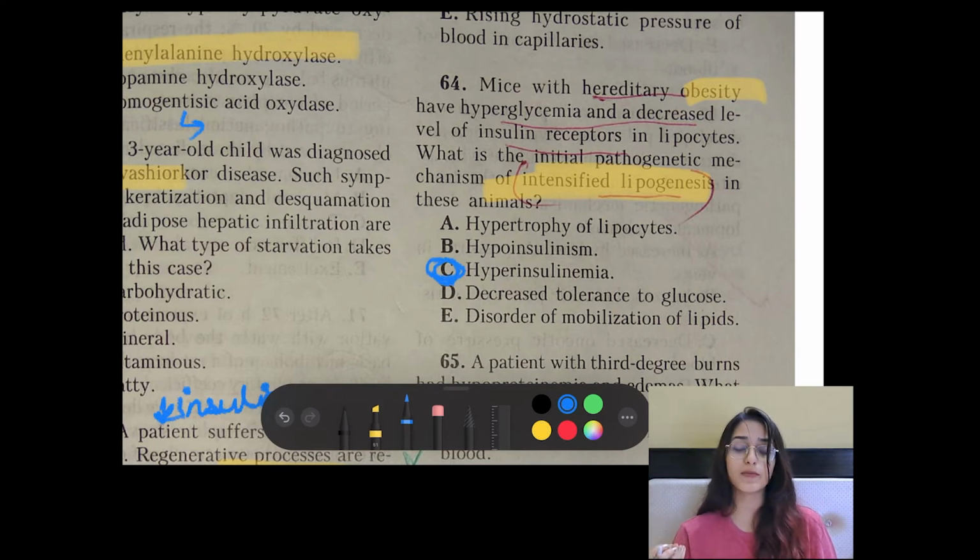Insulin is an anabolic hormone. It leads to synthesis of lipids, synthesis of proteins, and therefore intensified lipogenesis would always be because there is more insulin present. So just look at what they are asking, and not think that because he has decreased level of insulin, it should be hypoinsulinism. It is not like that.